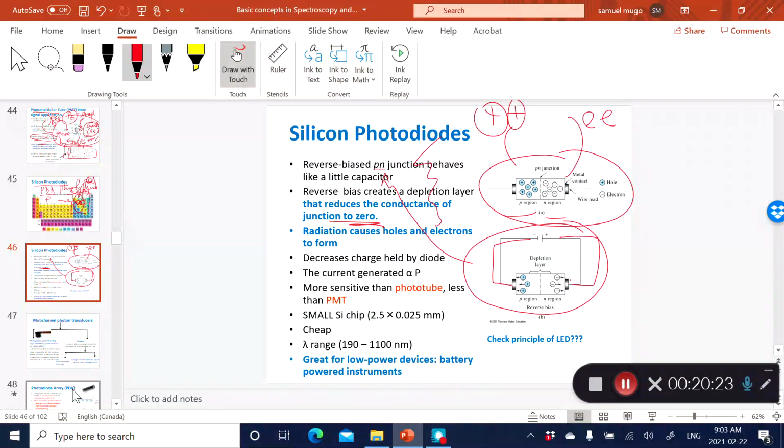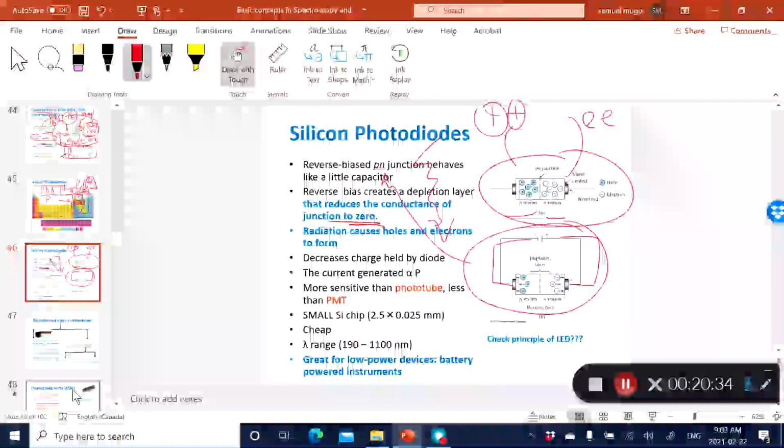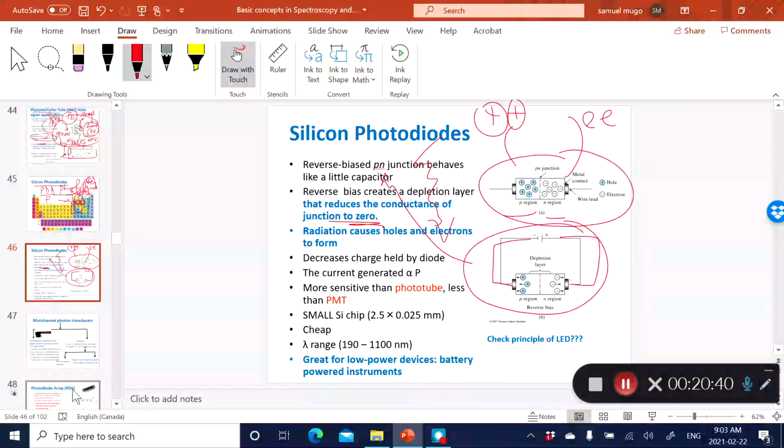However, if I've got electromagnetic radiation impinging on that diode, I'm going to cause promotion of electrons from the valence band to the conduction band, and that is going to cause the movement of electrons to happen.